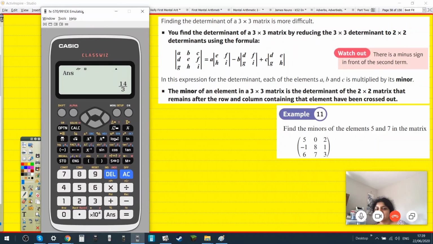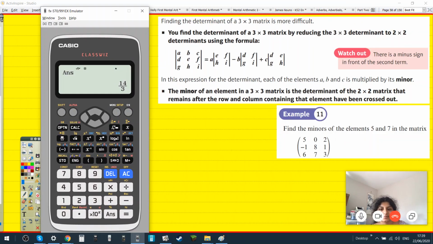Cool. Pretty bad. So here's how I'm going to do this one. Calculator. Right. Matrix 1 is 3 by 3.